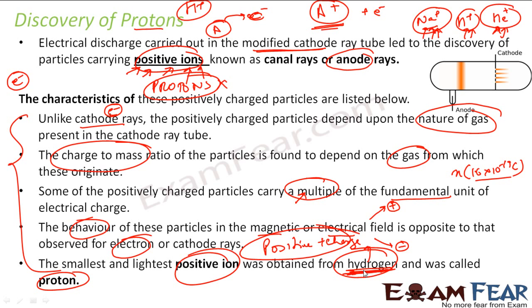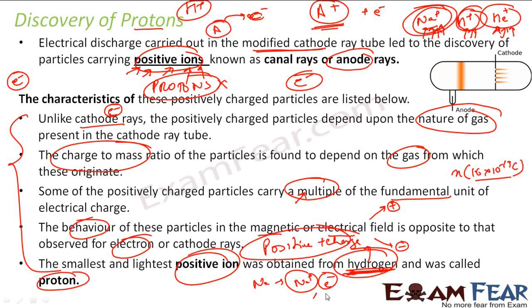Correct. So unlike electron, which was easy because you take electron from any atom and it's all the same, for proton it's different, right? Na plus, H plus, He plus are all different ions. For example, if I break sodium, you'll get sodium ion plus electron, right?